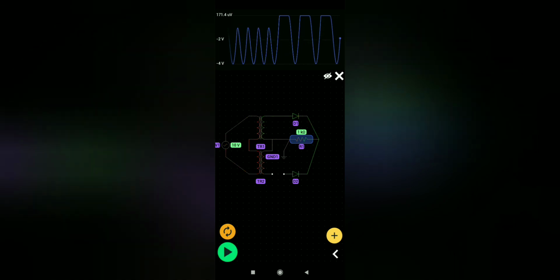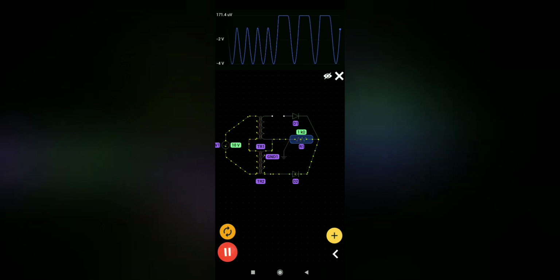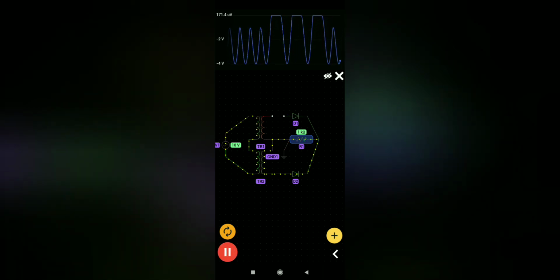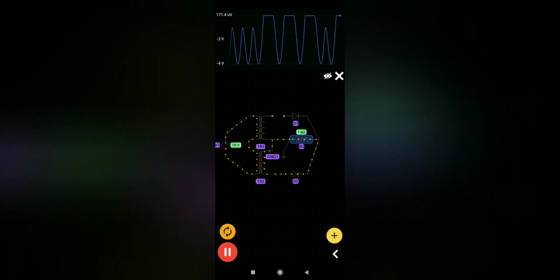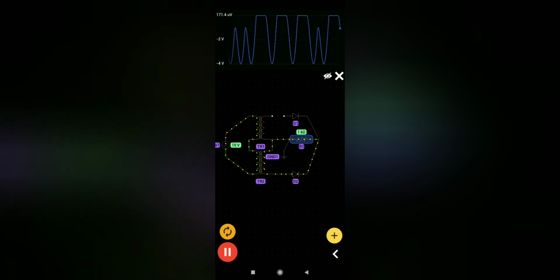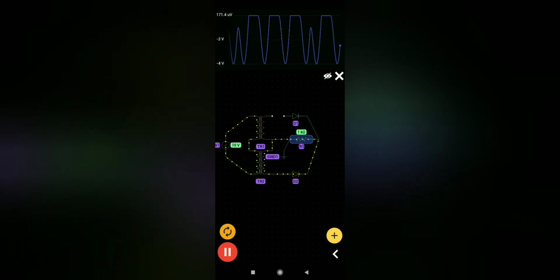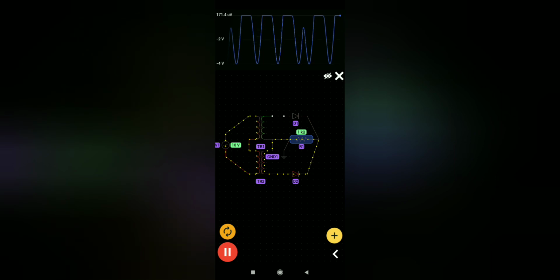Suppose we disconnect the other diode, then again it works as a half wave rectifier.